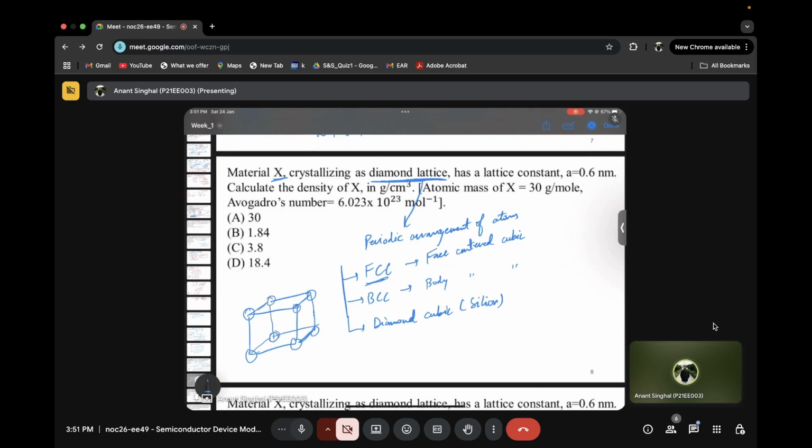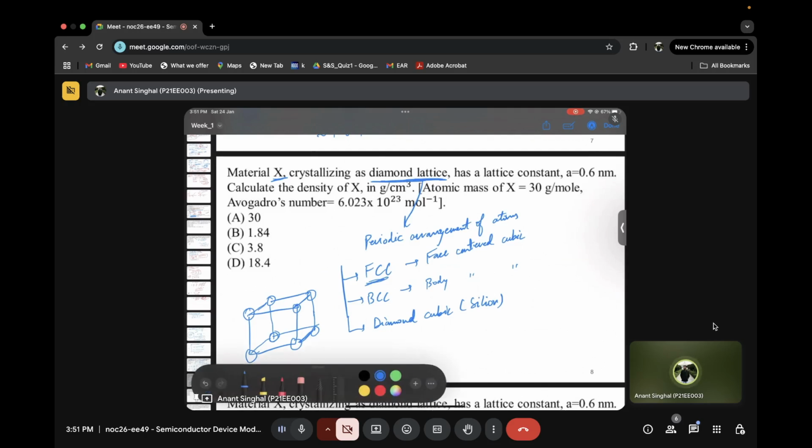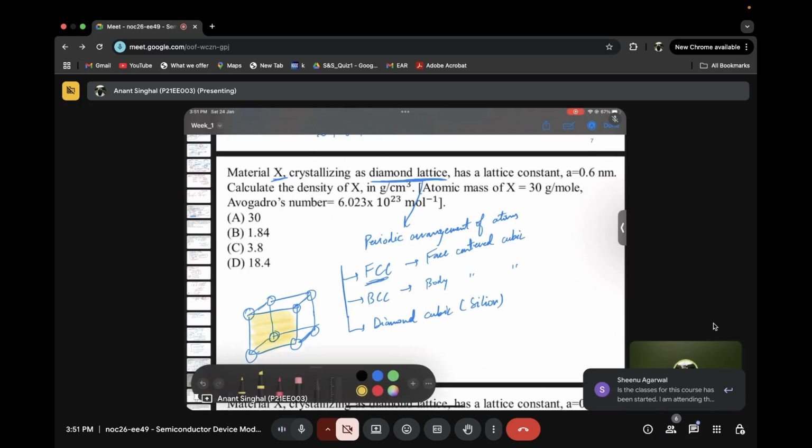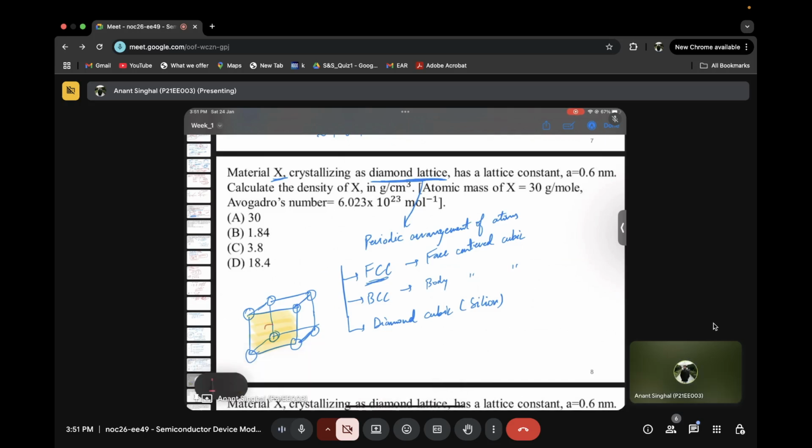And at every face it has an atom at the center of the face also. Let me shade the front face. So this is the FCC structure. Similarly, the body-centered has atoms at all the corners and a complete atom at the center of the body.